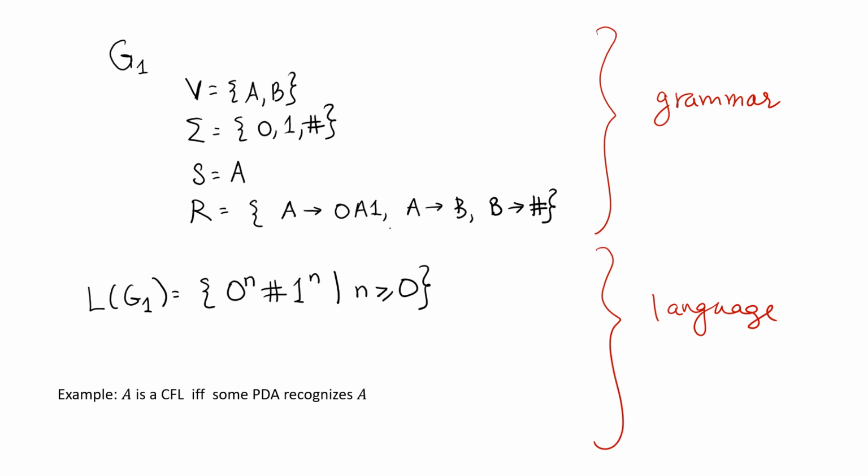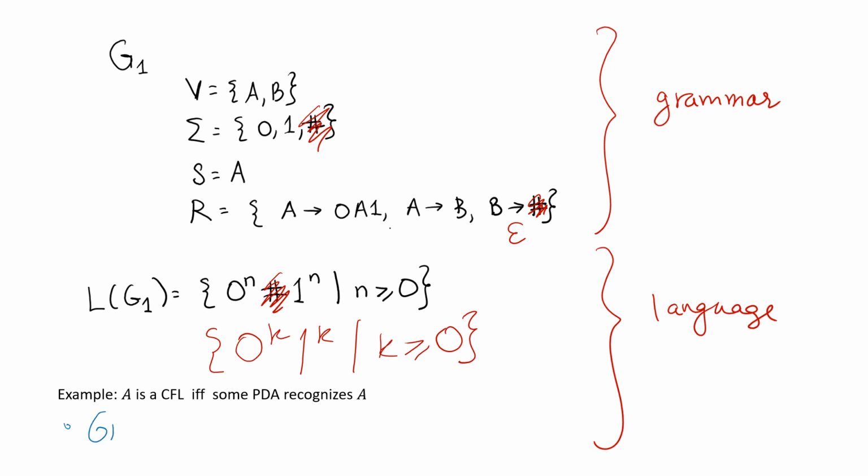And so with a couple of changes here, if I remove this hashtag and then I say, look, B is just going to go to epsilon, the empty string, I have this language that looks like 0 to the n, 1 to the n for n greater than or equal to 0, which, since the variable doesn't matter, is 0 to the k, 1 to the k for k greater than or equal to 0. So this highlights a couple of different things.